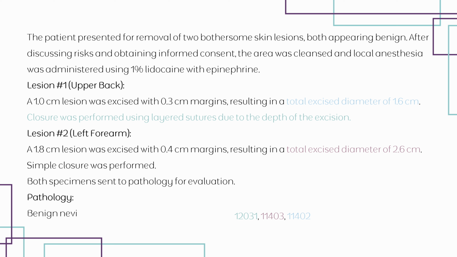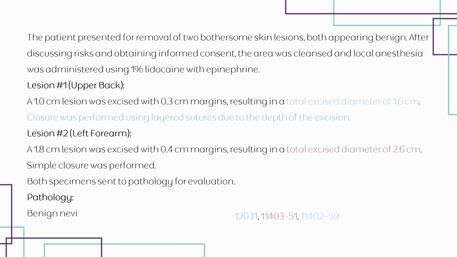The next thing to consider is modifiers. There are a few procedures that we've done today, and the repair is the primary code, therefore no modifier is needed. 11403 is a multiple procedure, therefore we should add modifier 51.